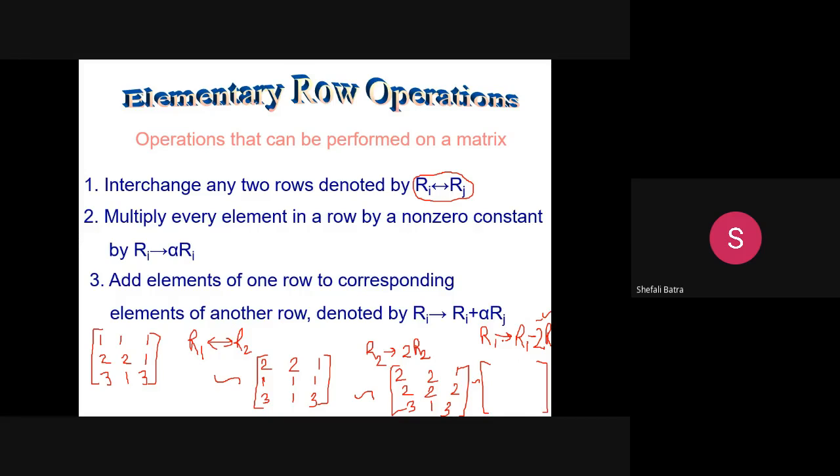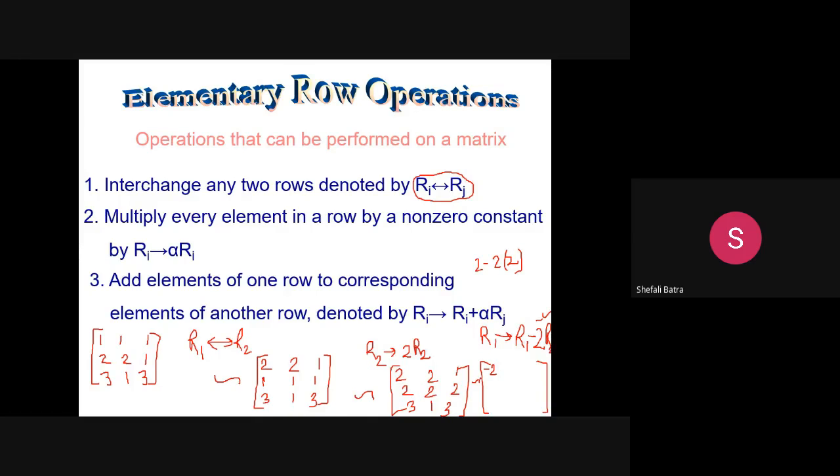R1 is changing: R1 minus 2 times R2. So this R1 entry is 2 minus 2 times the corresponding entry of R2, which is 2. So 2 minus 4 would be minus 2.